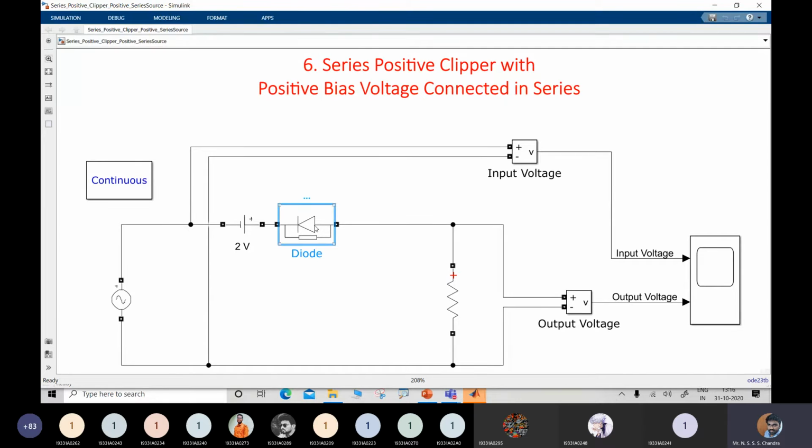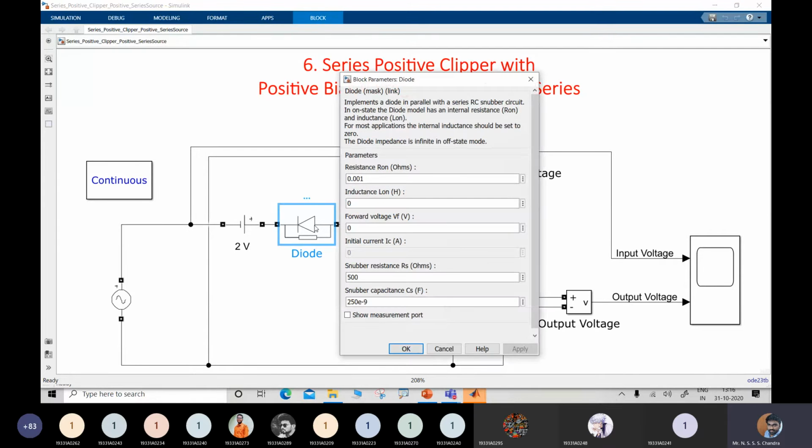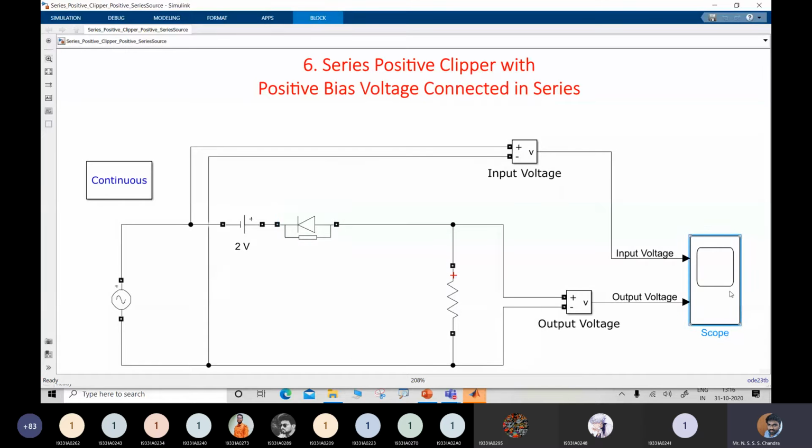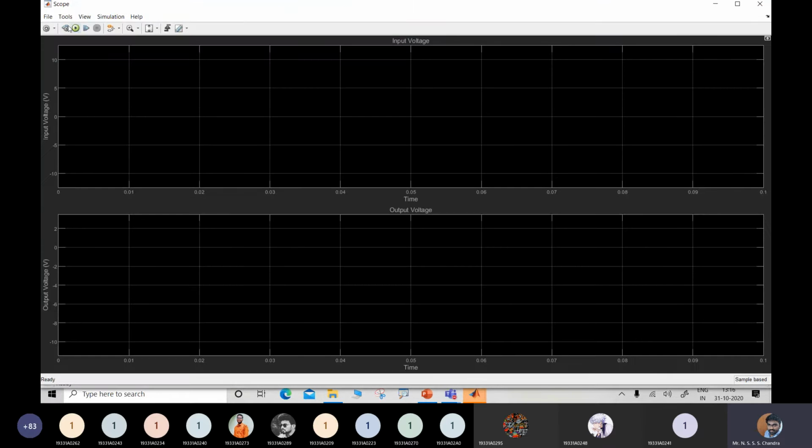Initially I'll consider the forward voltage as 0, and then I'll run the circuit. Is my Simulink visible to you? Please respond. Okay. Yes, sir.